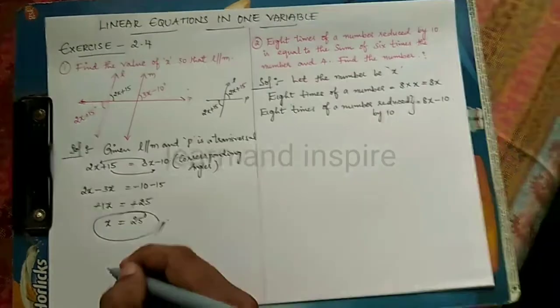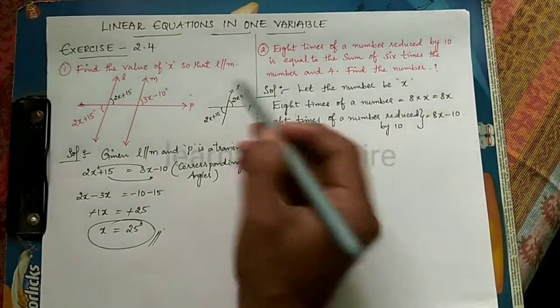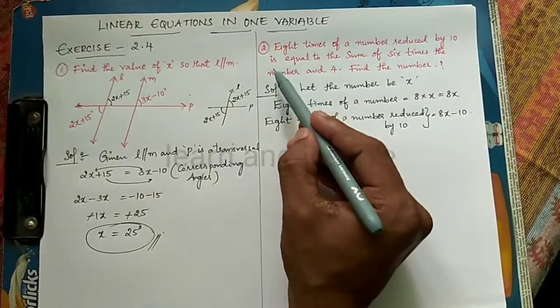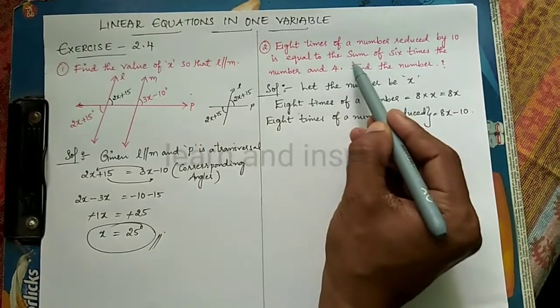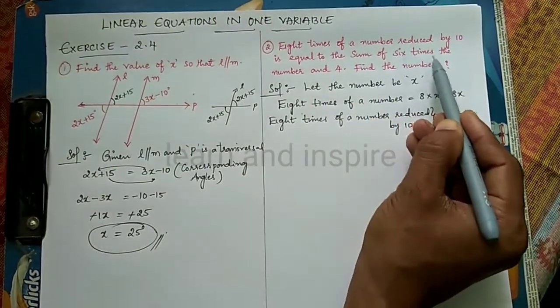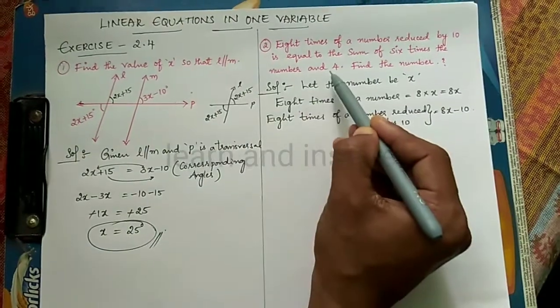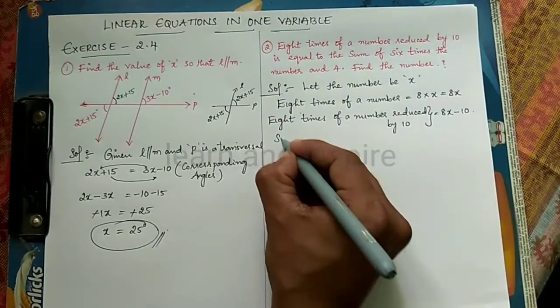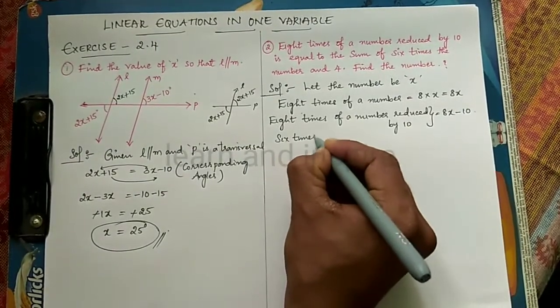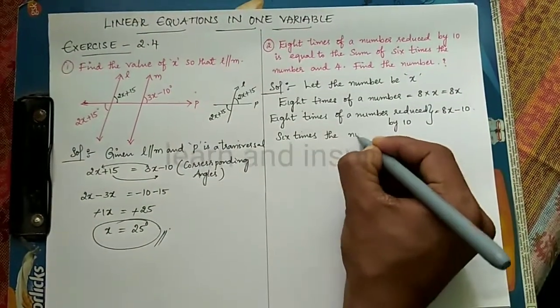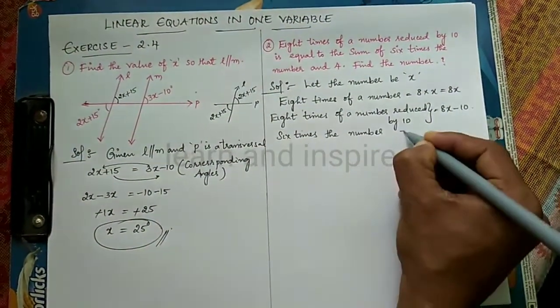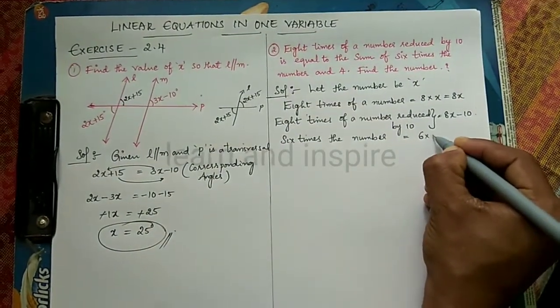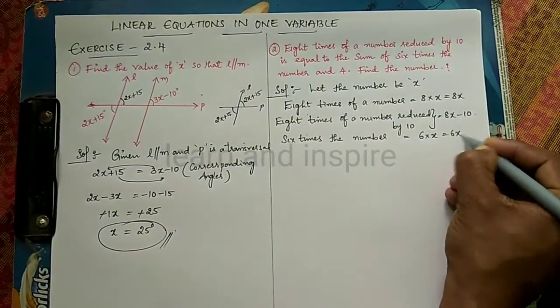Now go for the second statement: is equal to the sum of 6 times the number and 4. First we write the 6 times. 6 times the number is 6 into the number x, which is nothing but 6x.